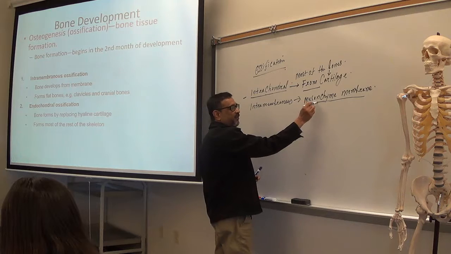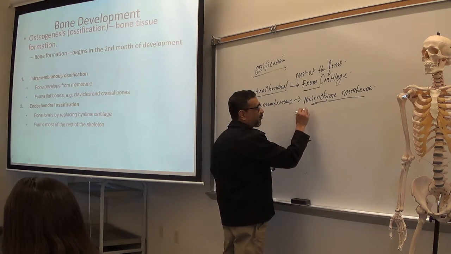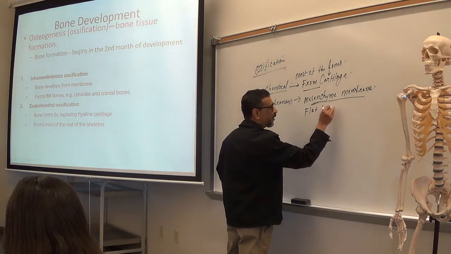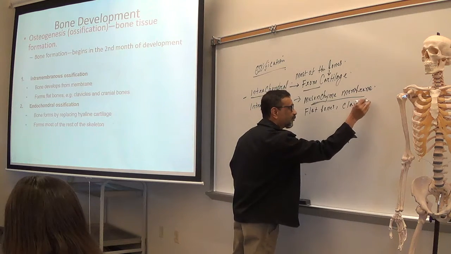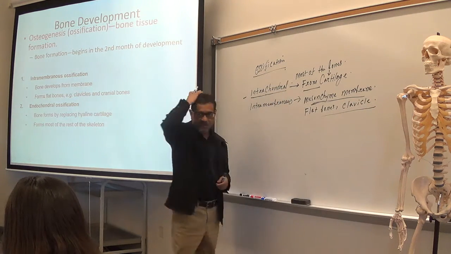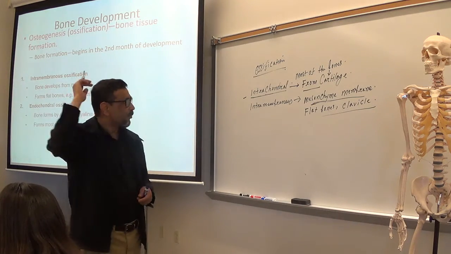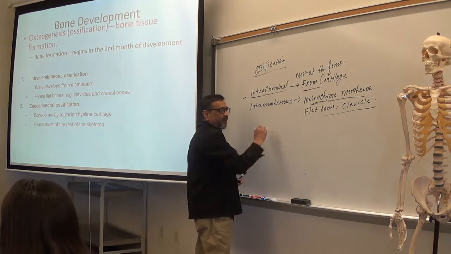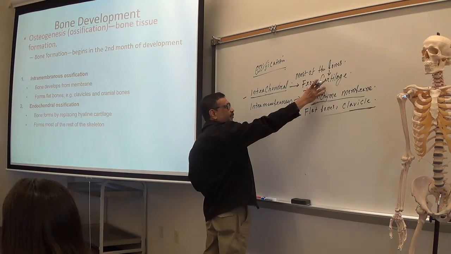Only a few bones come from membrane. Which bones? Flat bones and the clavicle. Only these bones, flat bones, for example your parietal bones and occipital bones, come from the membrane by intramembranous ossification, as well as the clavicle. The rest of the bones come from the cartilage.